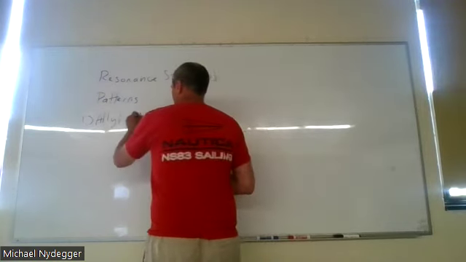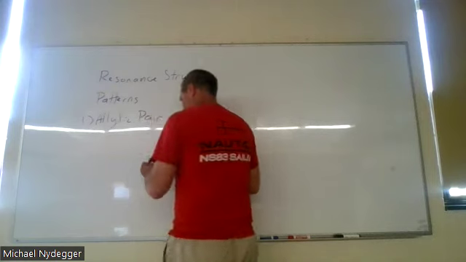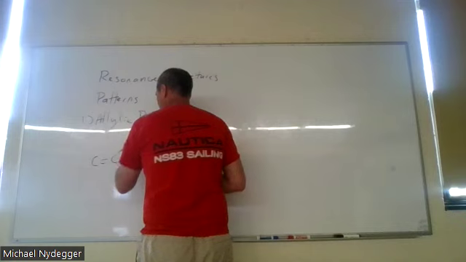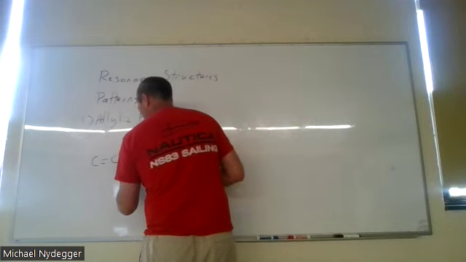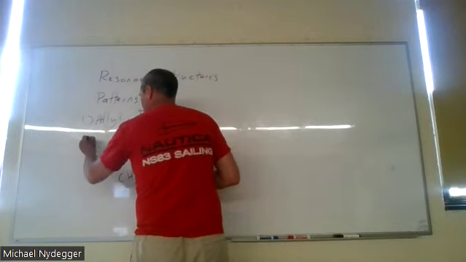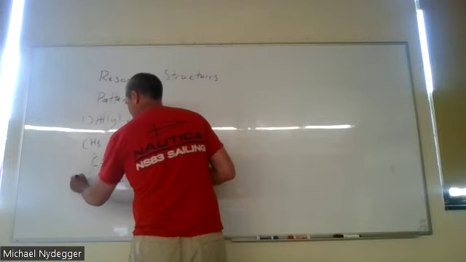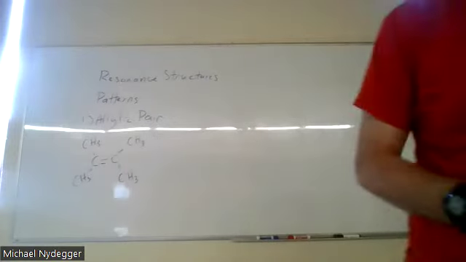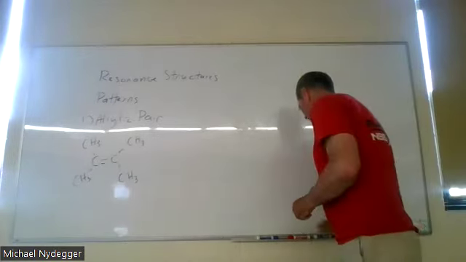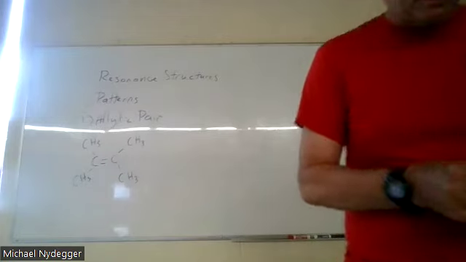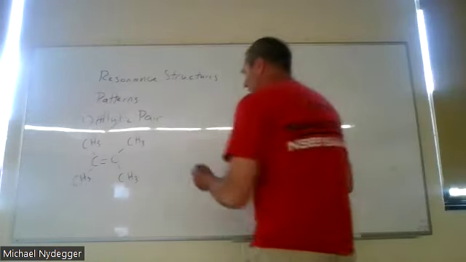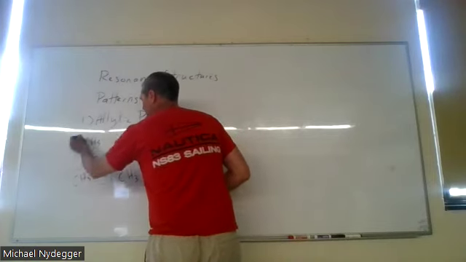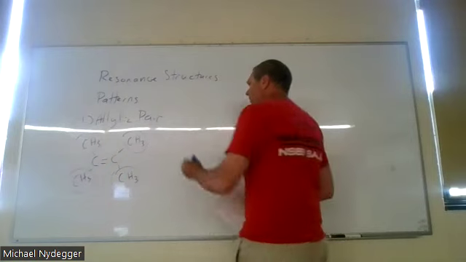We first want to talk about that. Now, if we have a carbon double bonded to a carbon, and then here we have the methyl groups, the blue ones that I circle are going to be the allylic. Those four methyl groups are the allylic carbons.